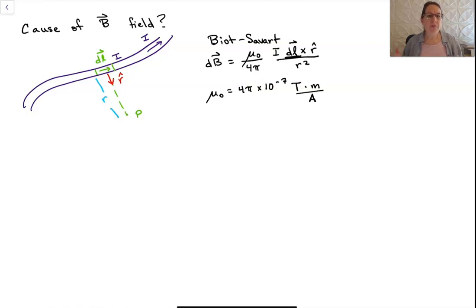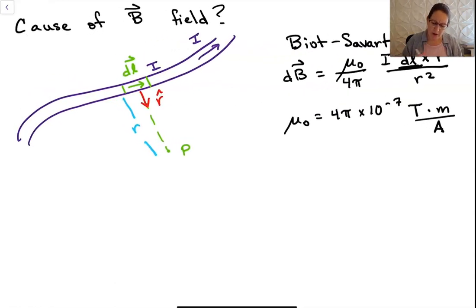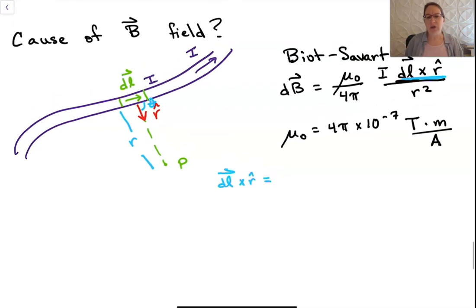What we want to do right now is look at the direction of things. So if we look at this, just sort of zooming in on here, I have dl going sort of up and r hat in that direction. So I'm going to use my right-hand rule, and I'll find that the direction of dl cross r hat, so this might be my angle theta in there, is just, sorry, let me move that down.